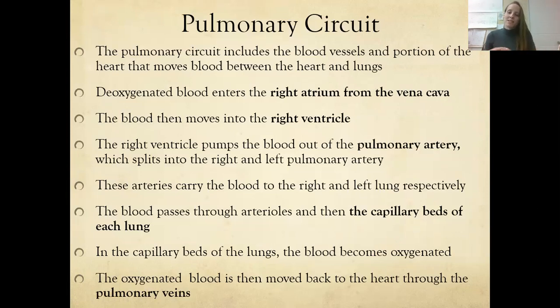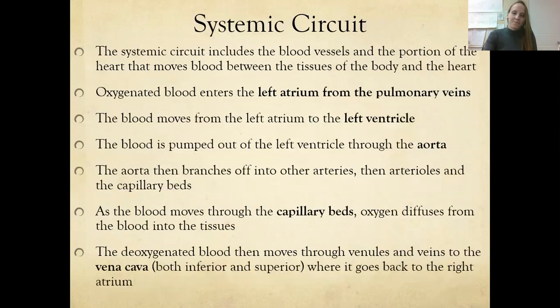At the capillaries, that is where gas exchange happens. So the carbon dioxide that is in the blood moves out into the lungs and the oxygen from the lungs moves into the blood. So at that point, the blood becomes oxygenated. It is then going to be carried back to the heart through the pulmonary veins.